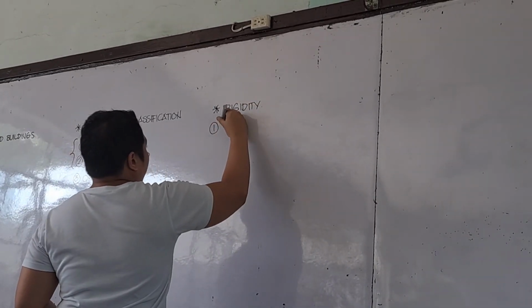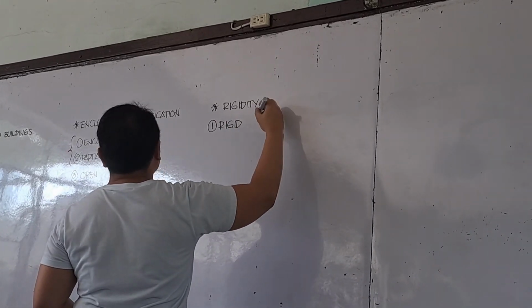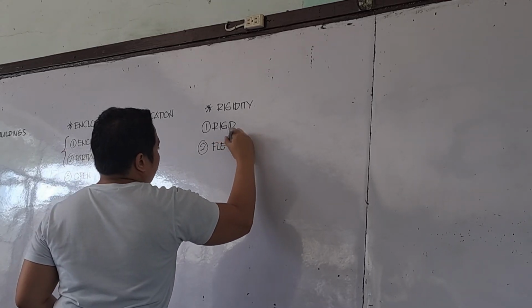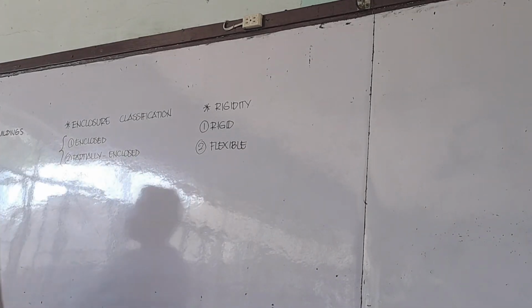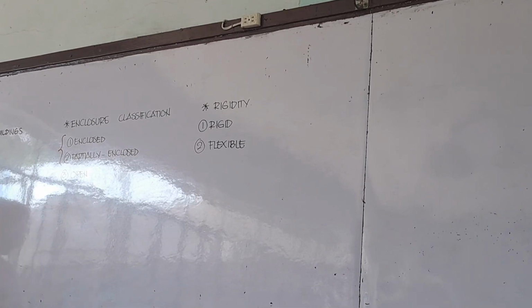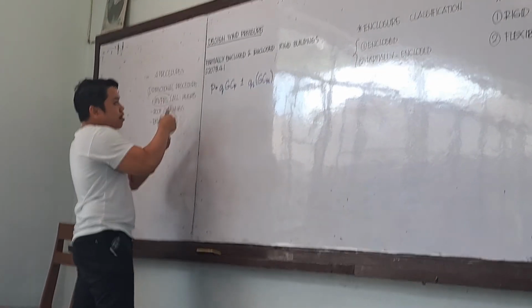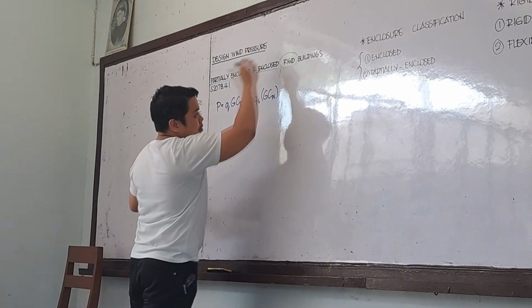So we will have rigid buildings and flexible. The first will be applicable only to partially enclosed and enclosed rigid buildings.